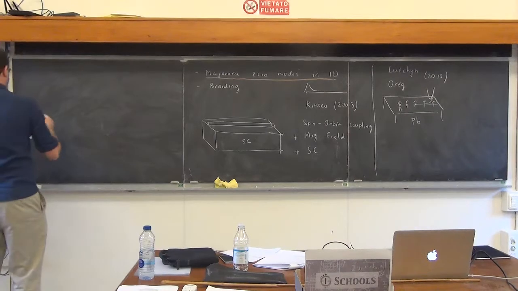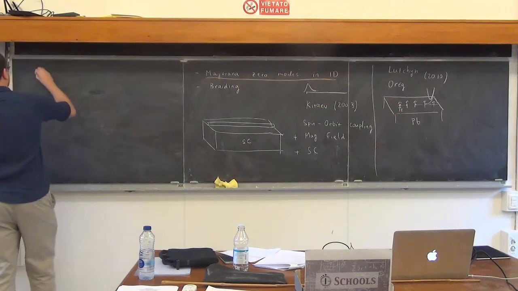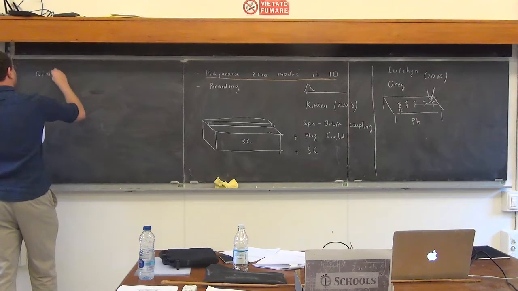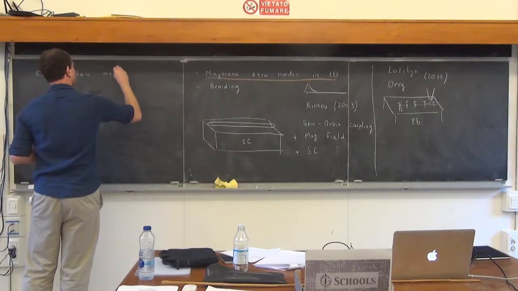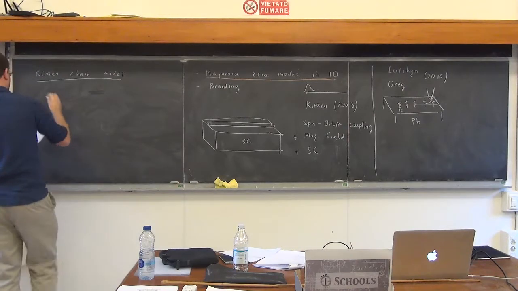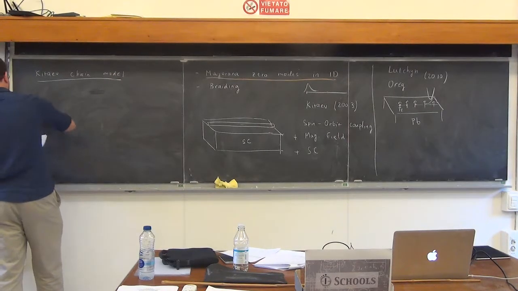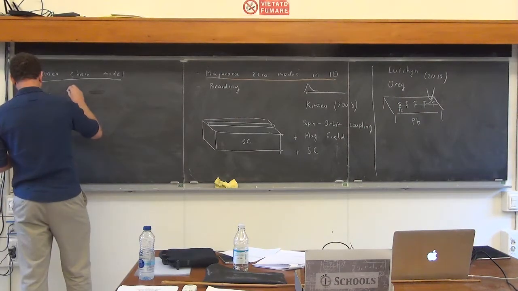Okay, so let me write the model. This is often referred to as the Kitaev model. There are many things that are called the Kitaev model, so, the Kitaev chain model. The model is as follows. It's a lattice model of spinless electrons in 1D, very similar to the p plus ip superconductor that we wrote for 2D.